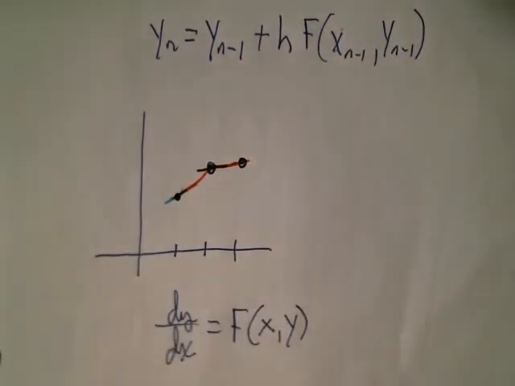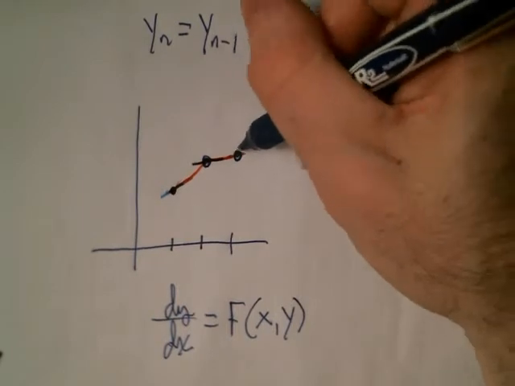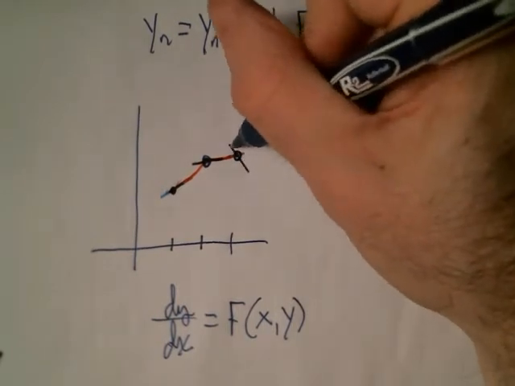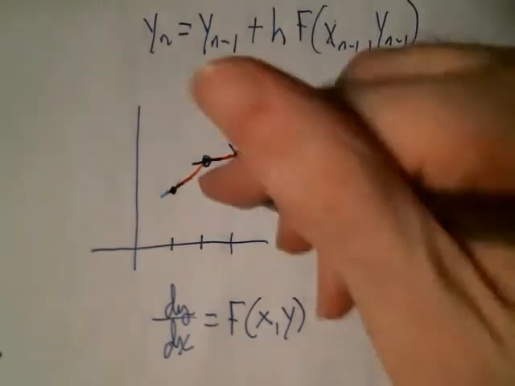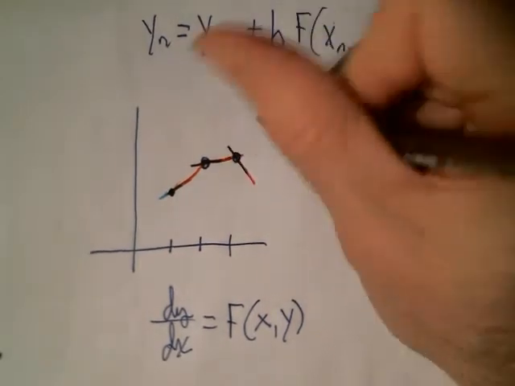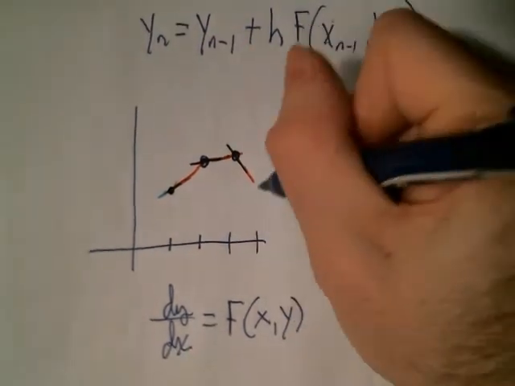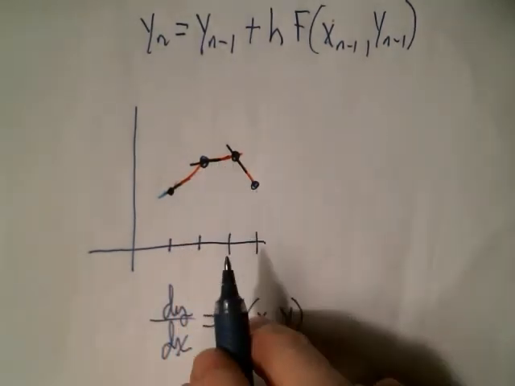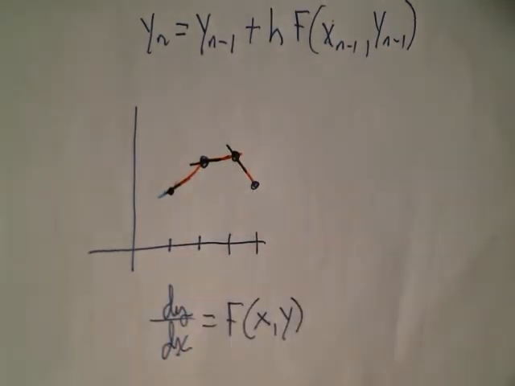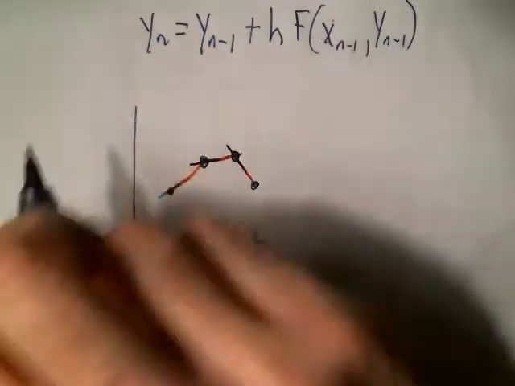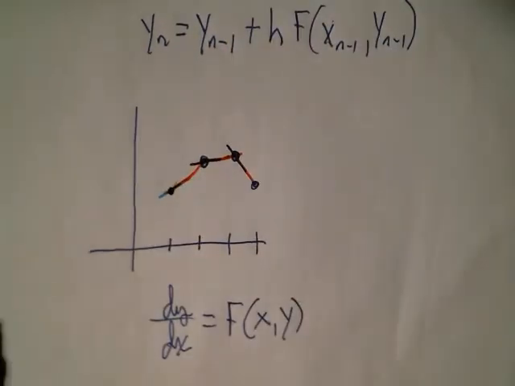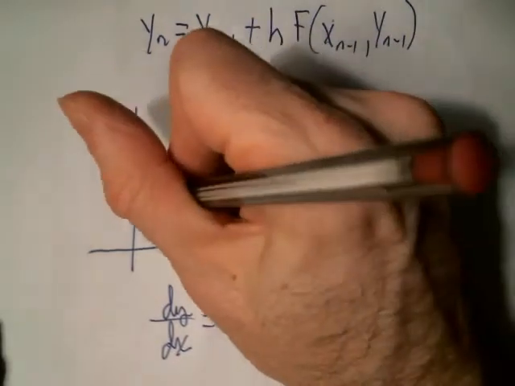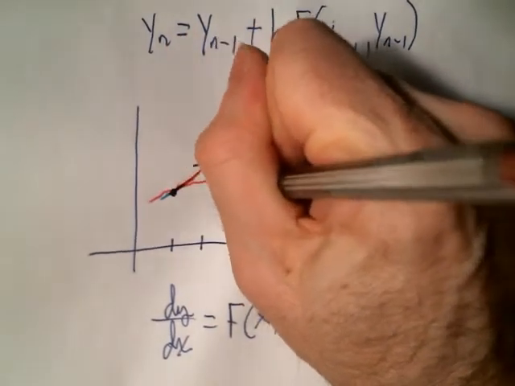And then you would figure out the slope, the tick mark there, maybe it's going down all of a sudden, and then use that to get to your next point. And you end up with this kind of polygonal approximation to the solution curve, whatever the solution curve may really be. Maybe the solution curve looks something like this.